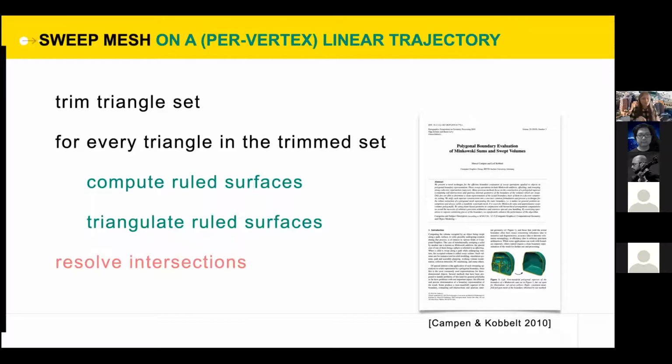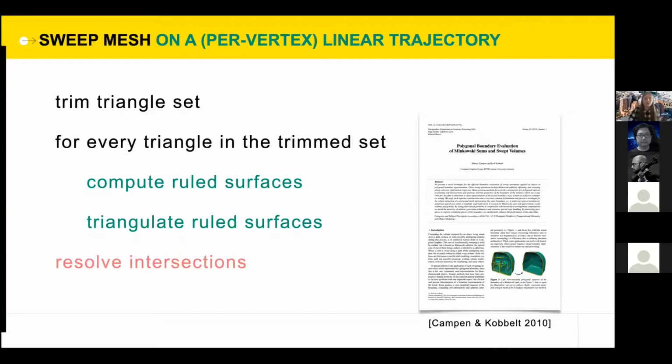For example, anything that is rotating cannot be described in this way. So this restriction makes computing the ruled surfaces and their triangulation easier. It can be done within some guaranteed bounds. And while the intersection step is far from trivial, Campen and Kobbelt precisely take this approach, and with this restriction in the trajectory, they devised a very efficient intersection handling algorithm.